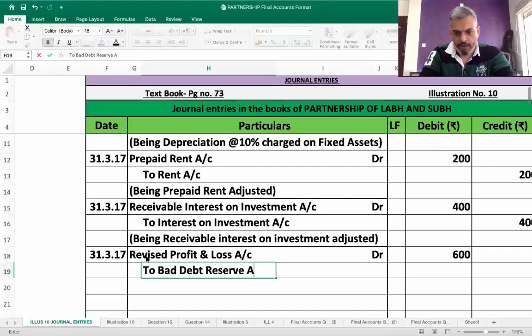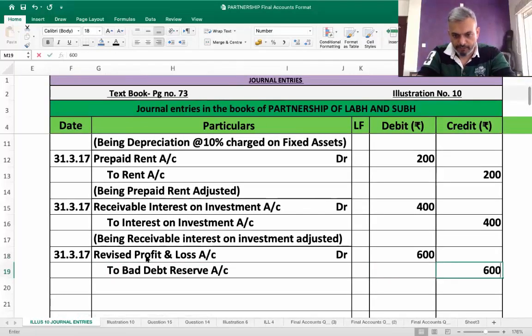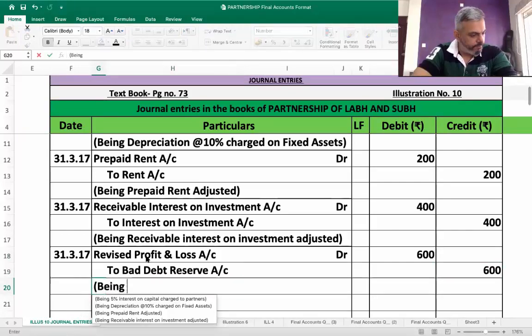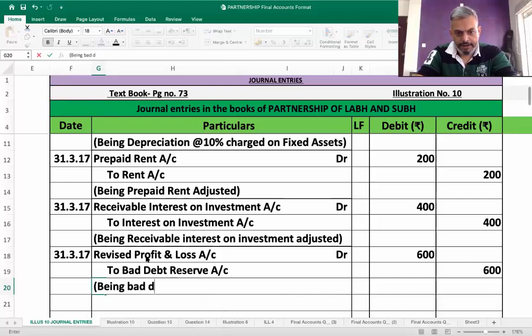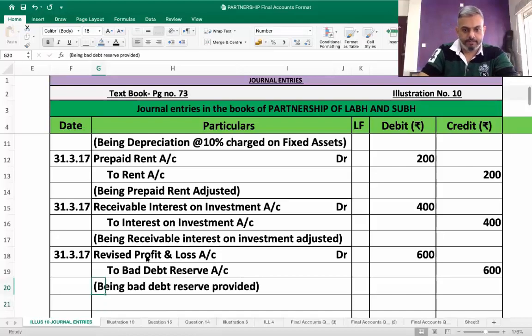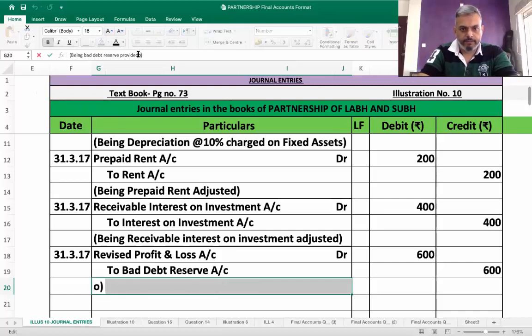Bad debt reserve account is not a reserve, it's a provision, although we use the word reserve. Okay, it's our provision. Being bad debt reserve provided on debtors.